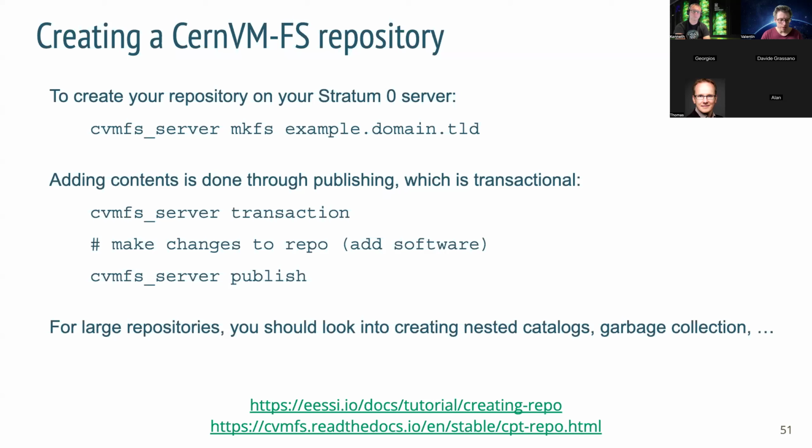Basically, what we do is that we switch out the root file catalog, as we call it. Basically, this is the main catalog that tells CVMFS which files are in your repository, and that has pointers to all of the nested catalogs, and this basically defines the whole content of the repository.